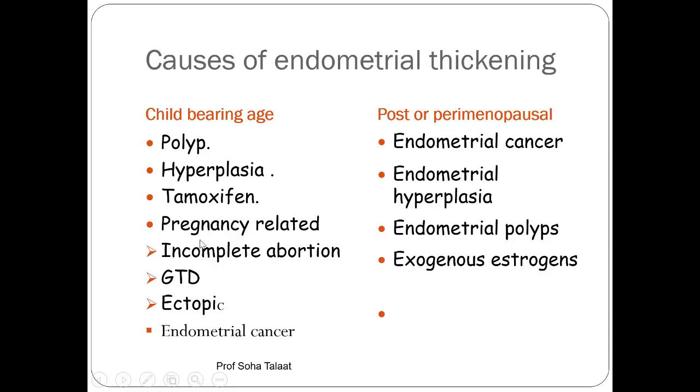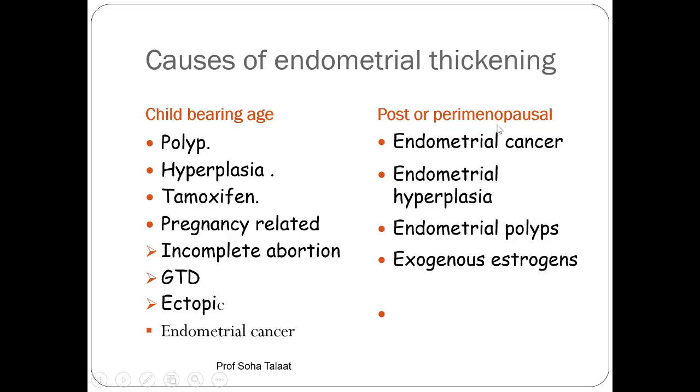Pregnancy related. If a patient is seen in the childbearing age, you must ask about pregnancy. Incomplete abortion, gestational trophoblastic disease, or ectopic. And then don't miss that endometrial cancer, although rare, can occur in the childbearing age group.